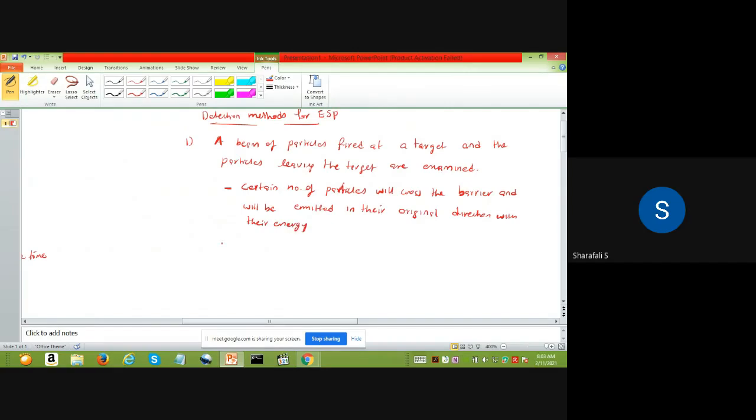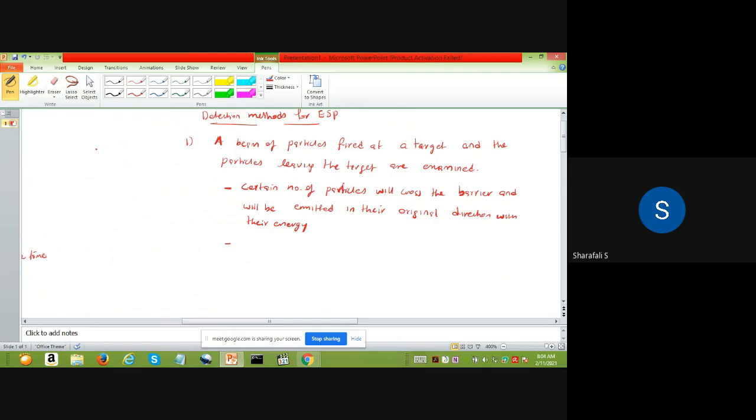This is the case when nothing happened between those particles. If nothing happened between the incoming particles and the target, they will just cross the target and be emitted in their original direction.